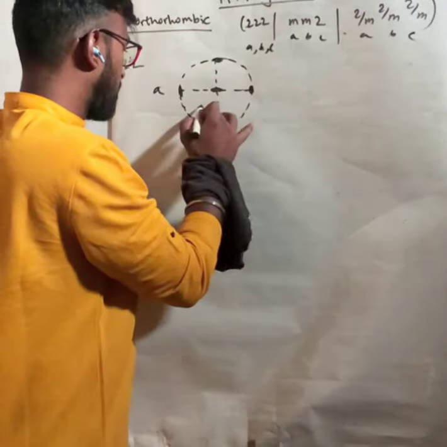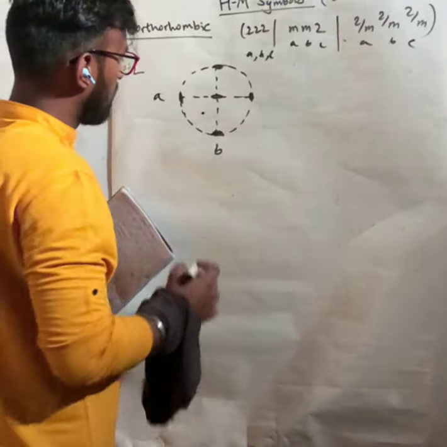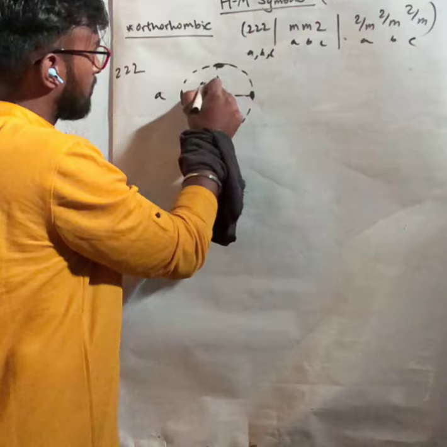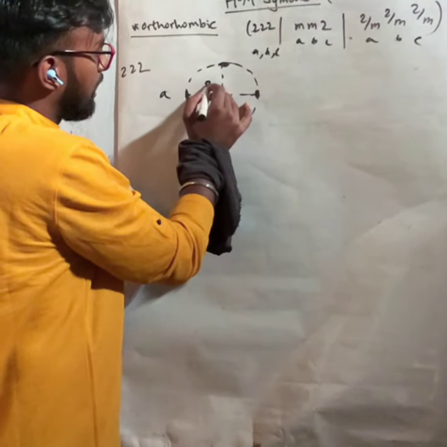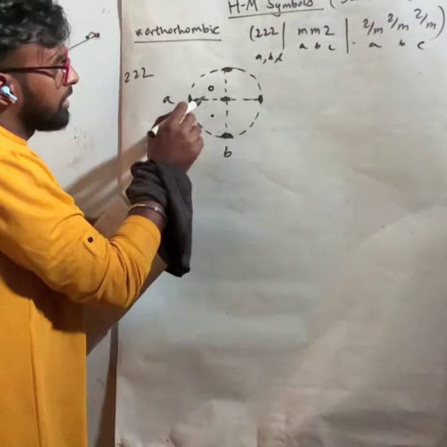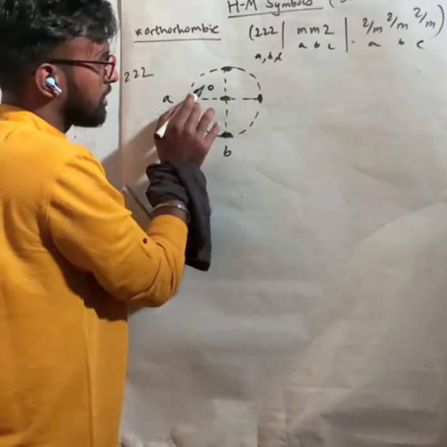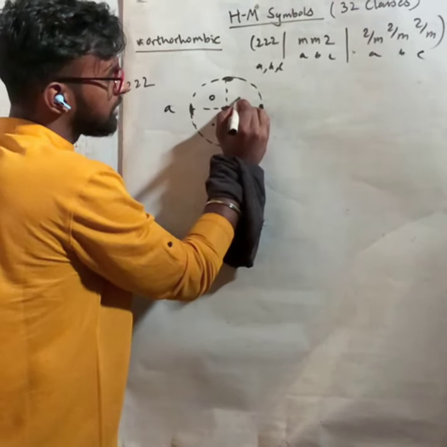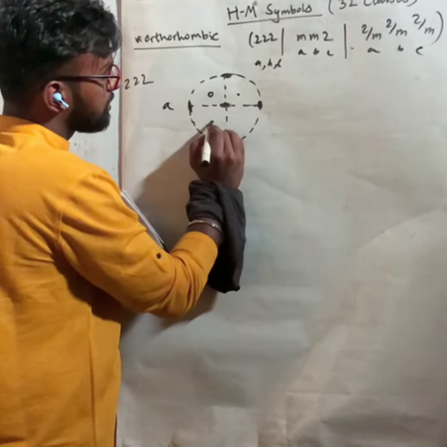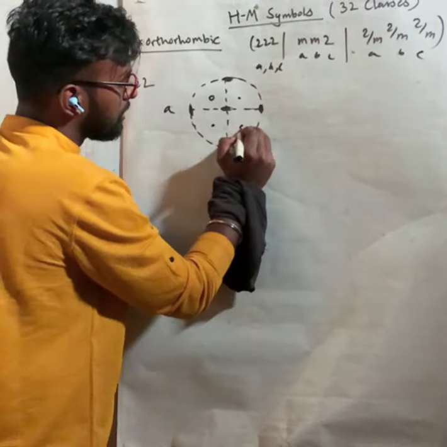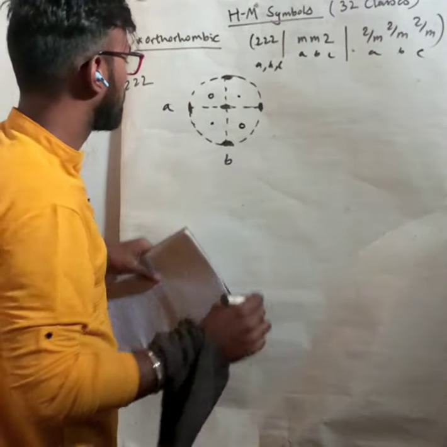So now if you take an element here, it will have two-fold operations here, and this will have a two-fold operation. When we take the two-fold operation, a dot changes to a circle, and the circle after a two-fold operation will change to a dot, and this dot will also have a two-fold operation about the B axis. So you can also check that.